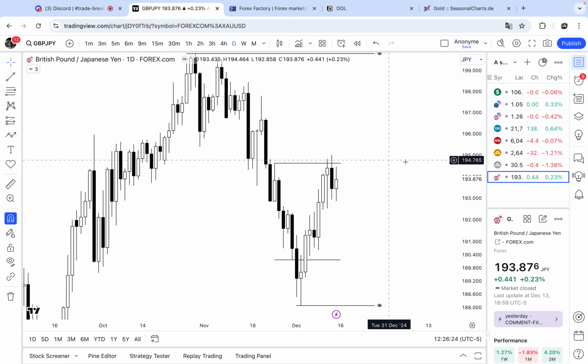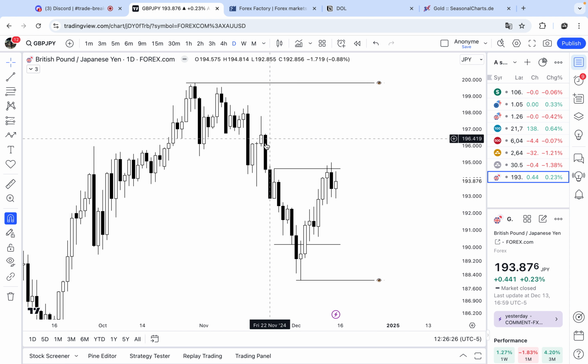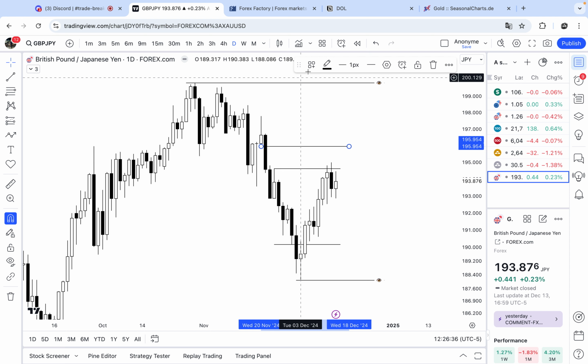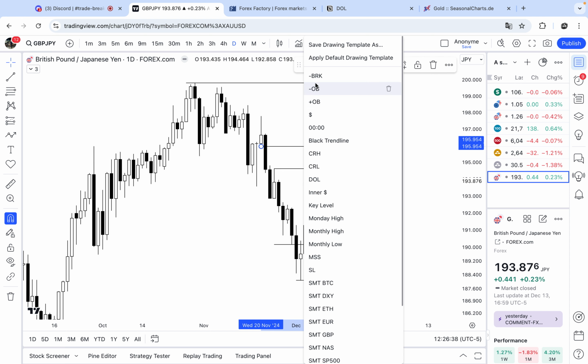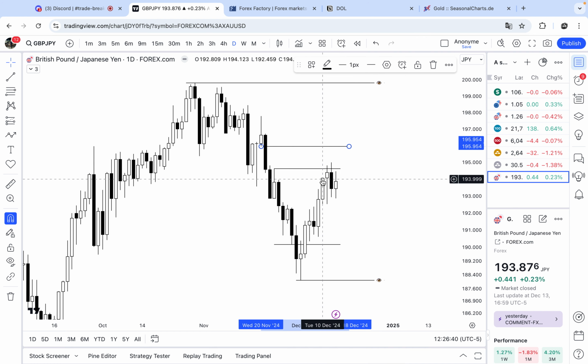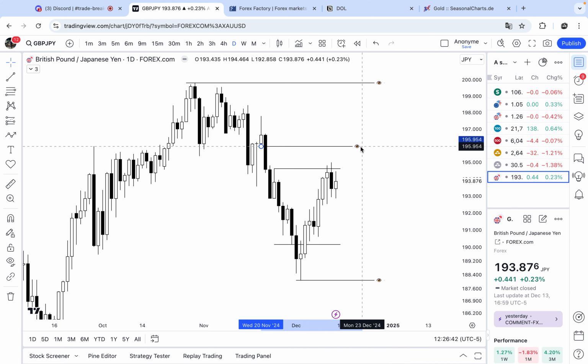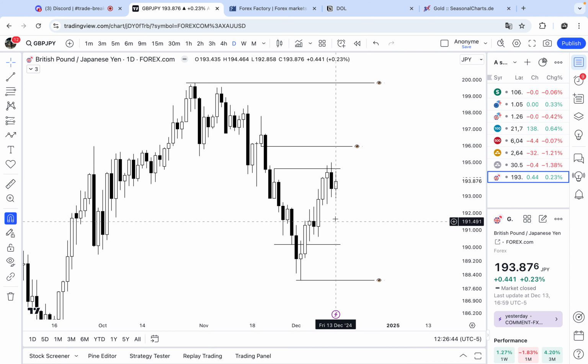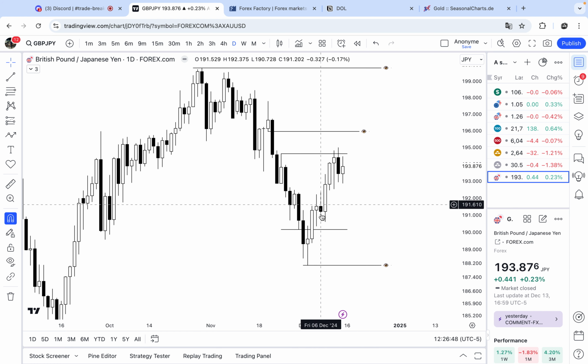So on the daily, we got this order block, right? It can be interesting, so we're gonna mark it up. We're gonna mark out this order block, and here, this is another order block here, right?